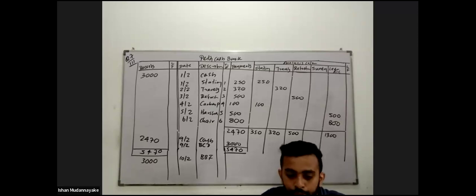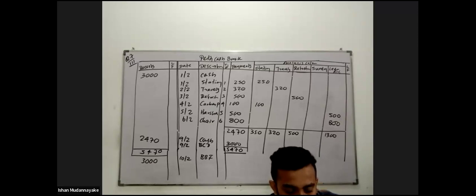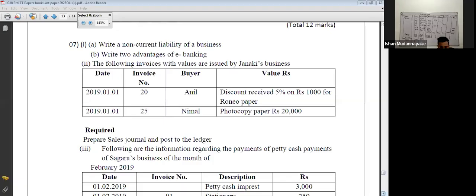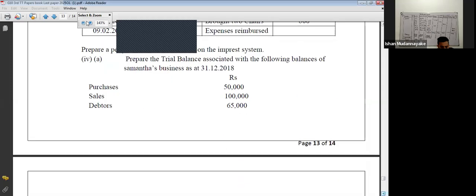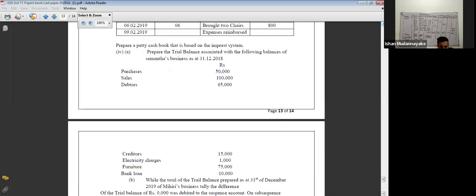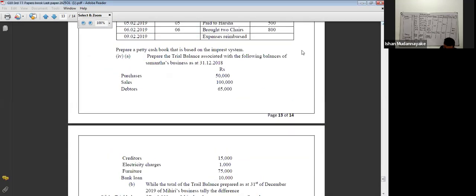Right, look at row number 4. Quickly discuss row number 4A.